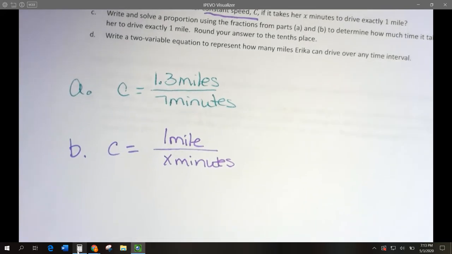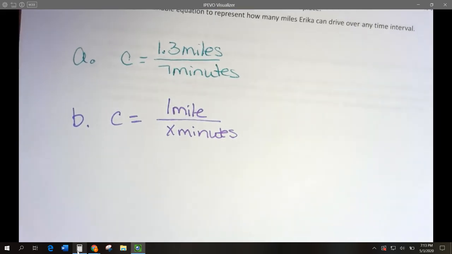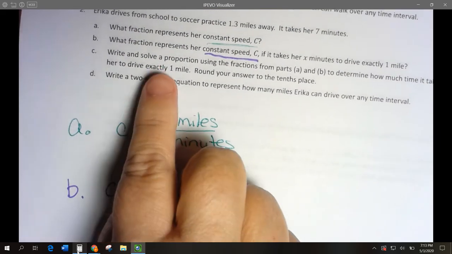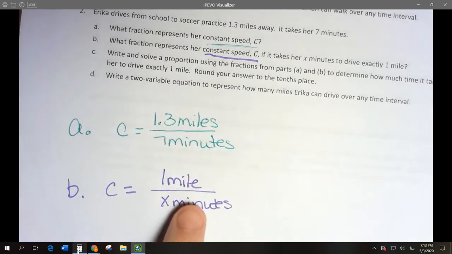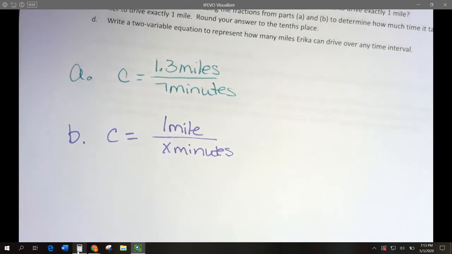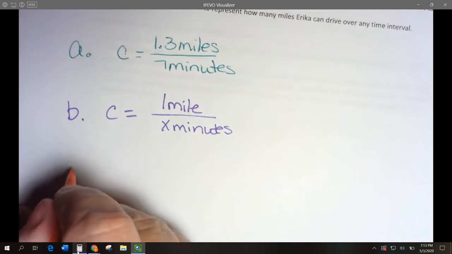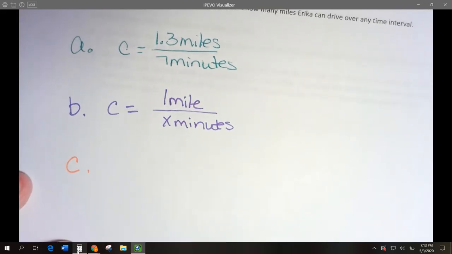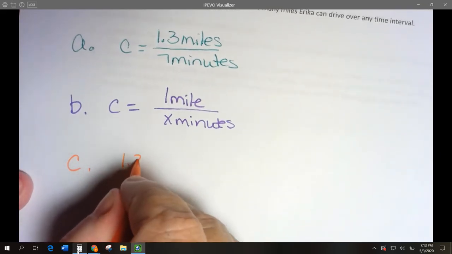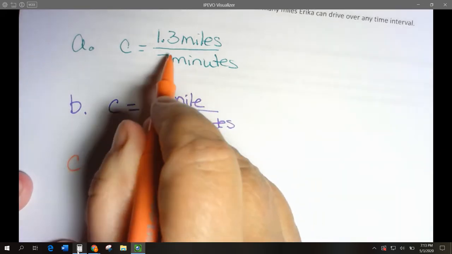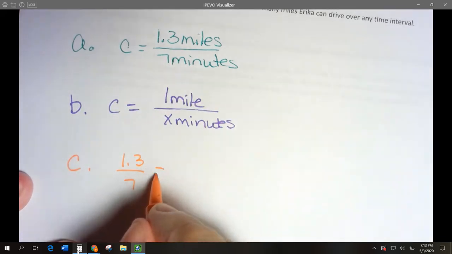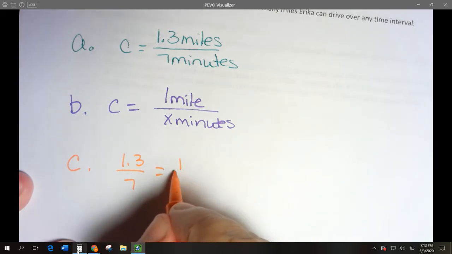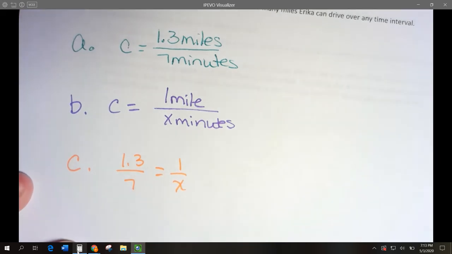Okay, so now they want us, once again for C, to write and solve a proportion using these two fractions. So for part C, we're going to say 1.3 over 7, which we got here, equals 1 over x.